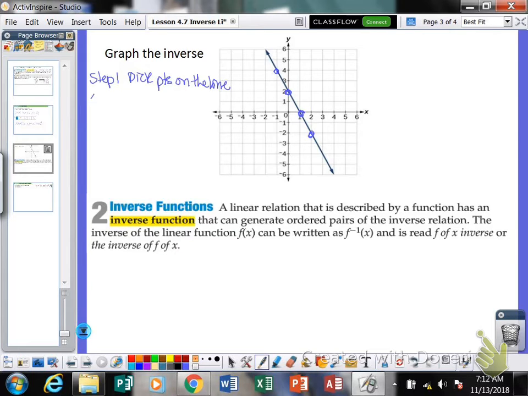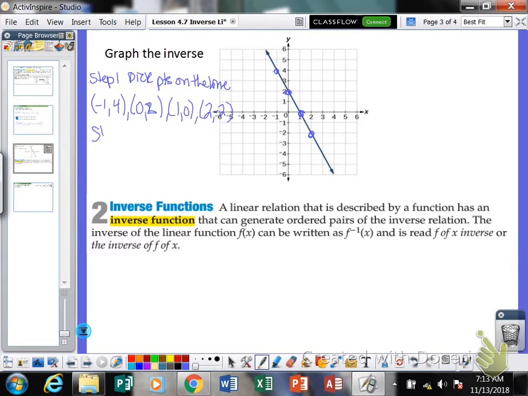So I chose the points (-1, 4), (0, 2), (1, 0), and (2, -2).